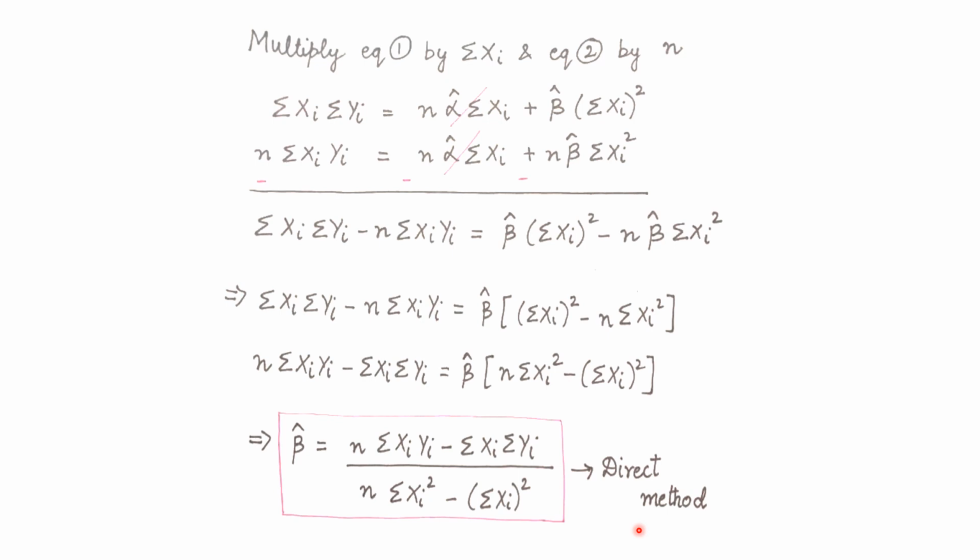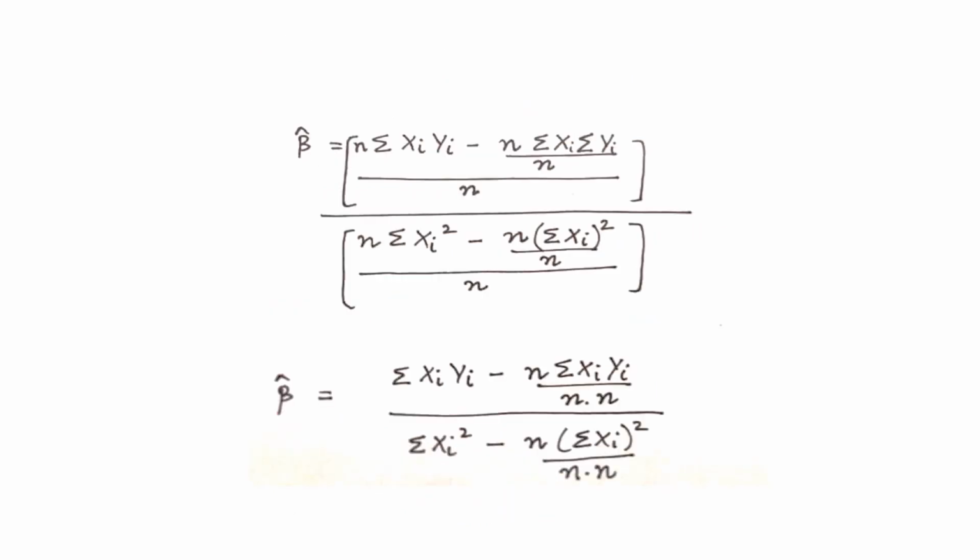Now we'll try to simplify this equation by using the concept of deviations. So how are we going to do that? Here we are multiplying and dividing the numerator and denominator by n, right? After doing this, this n will be cancelled out.